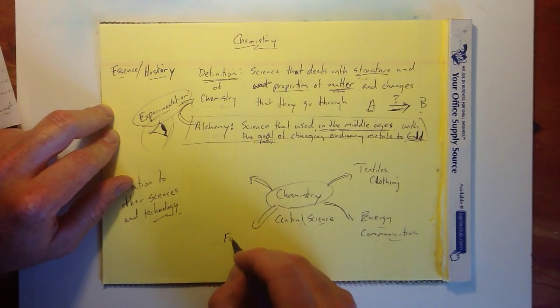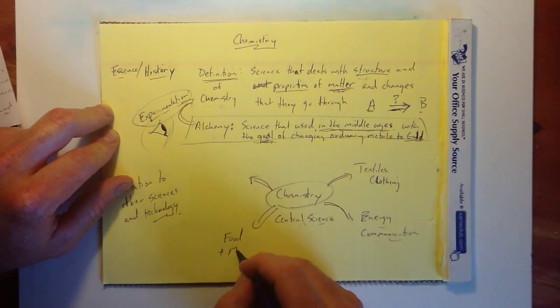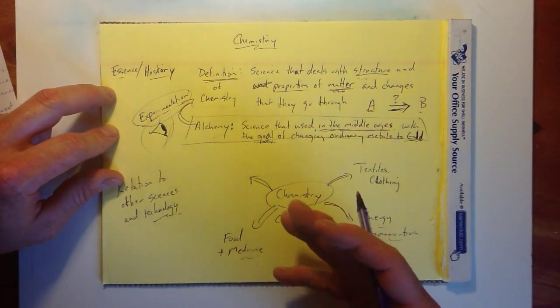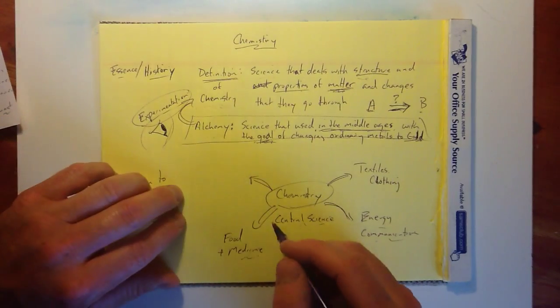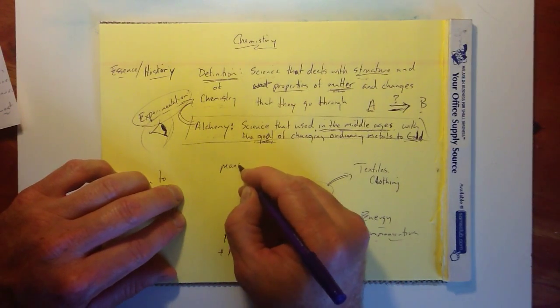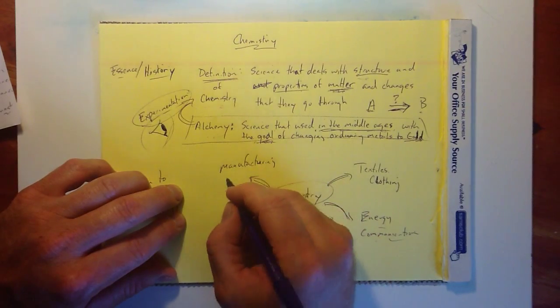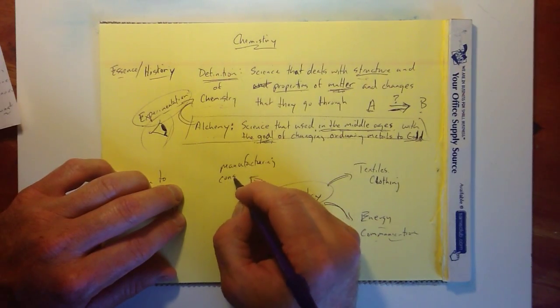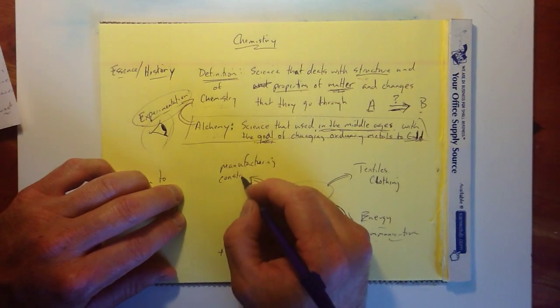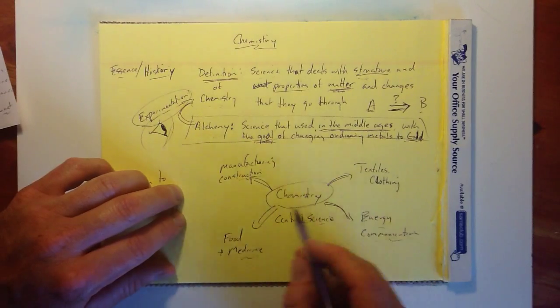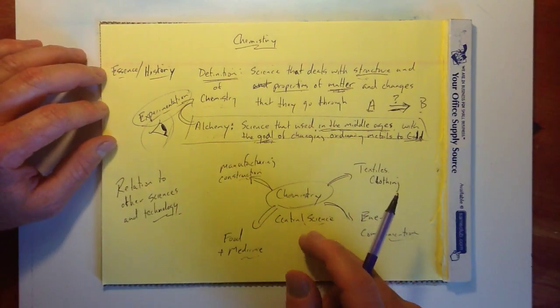I guess food and agriculture, or food and medicine. So the agricultural industry, making of processed foods, medicines, and manufacturing. It is, I think, appropriate to say that chemistry affects all of these in some way. It's not the only science that affects these industries, but it is central to them. Why?